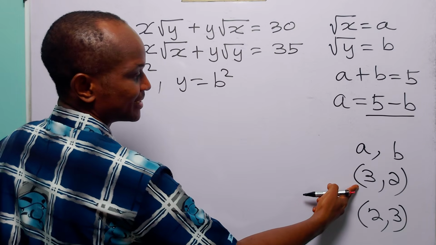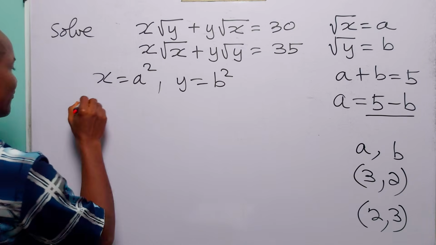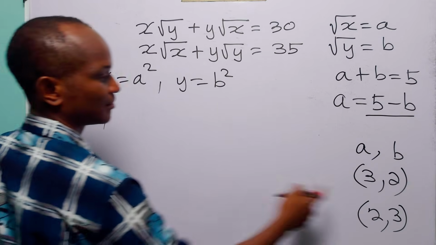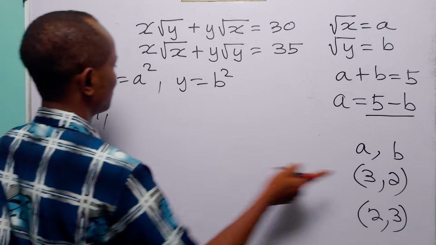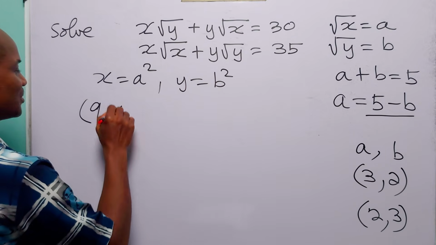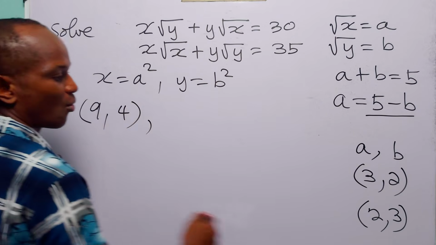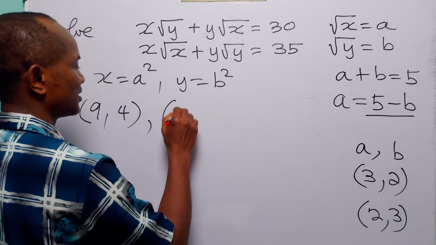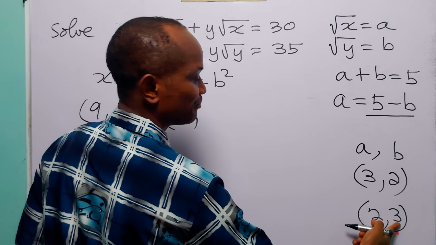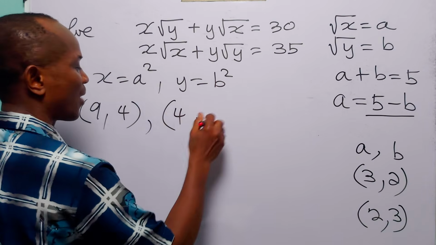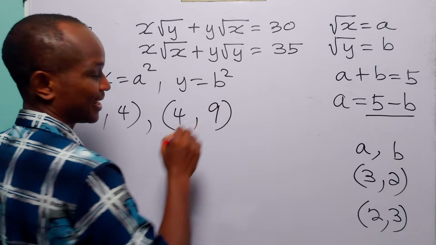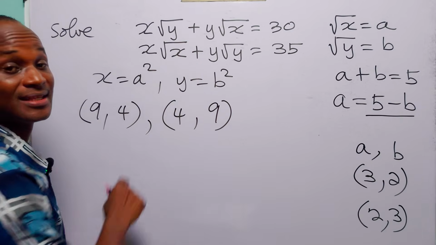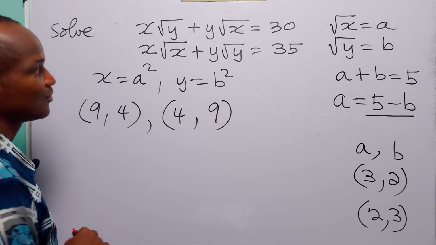Now, when a is 3, x is going to be 9. When b is 2, y is going to be 4. When a is 2, x is going to be 4. And when b is 3, y is going to be 9. So these are the 2 points that satisfy these two simultaneous equations.